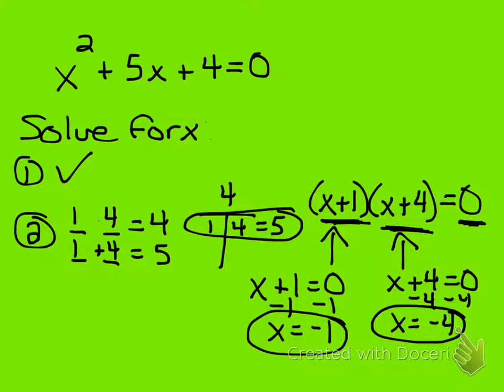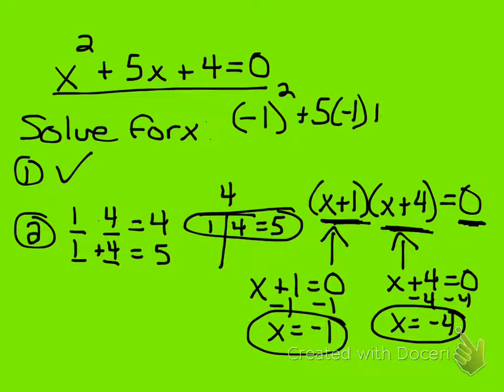Now I want to show you how this works when I plug it back in. So I'm going to plug in to my non-factored form first. So I plug in negative 1 squared plus 5 times negative 1 plus 4. That gives me 1 plus negative 5 plus 4. That equals 0, which is exactly what we need it to equal.